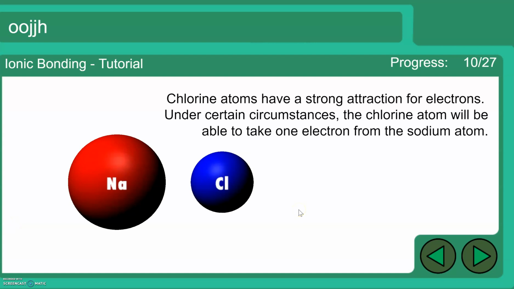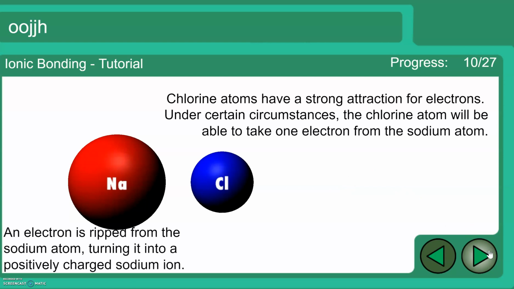In this situation, we have a sodium atom from group 1 with an extra valence electron that it wants to get rid of. And we have chlorine, an atom from group 17, which is 1 electron short of being a noble gas. So the sodium is trying to get rid of 1, the chlorine is trying to add 1. It's a match made in heaven.